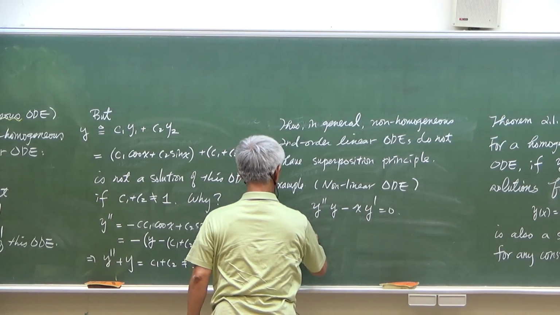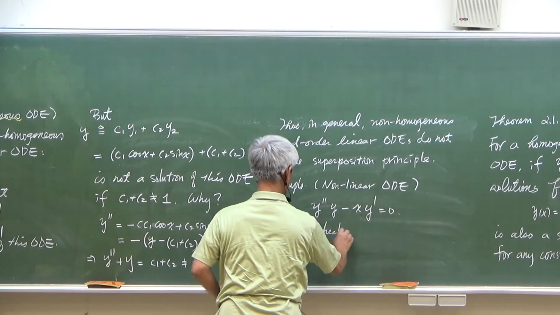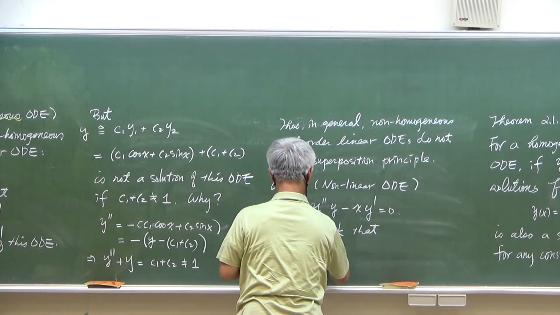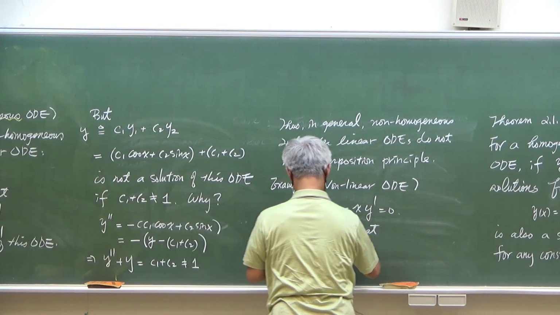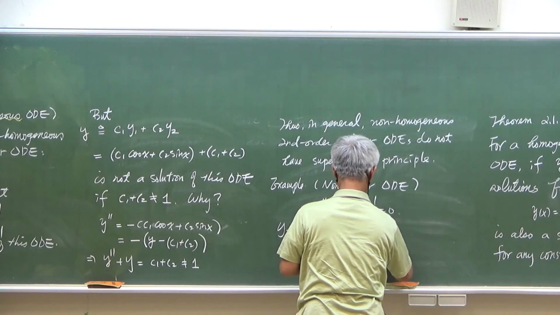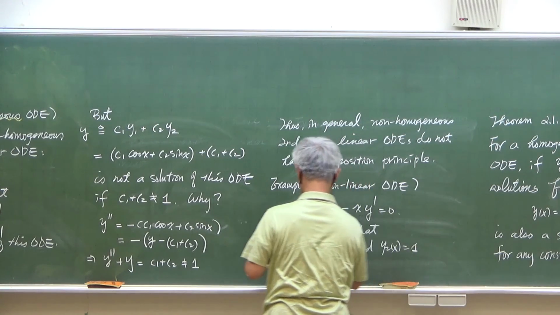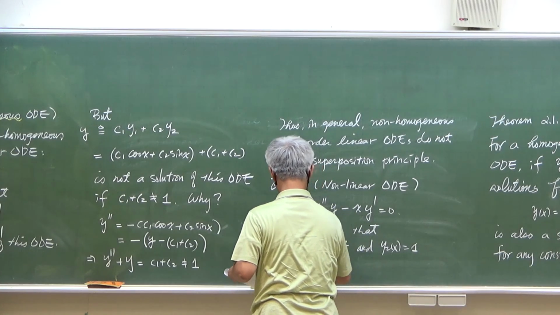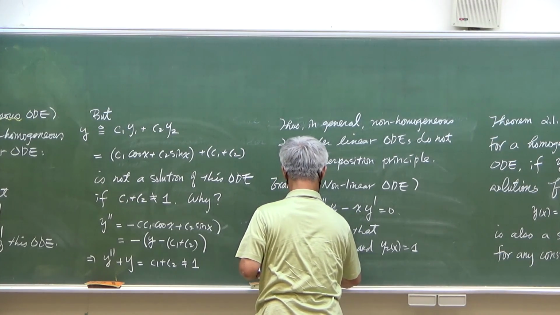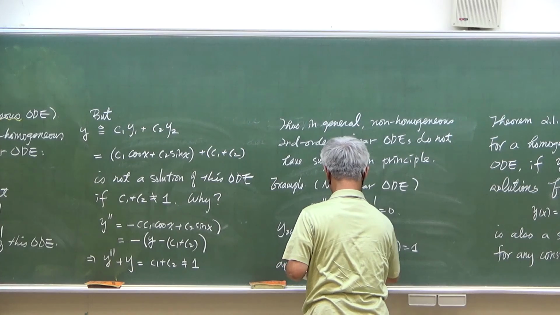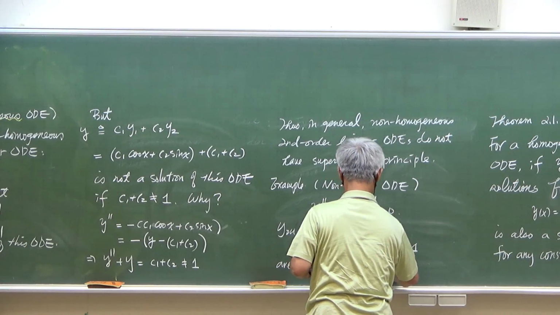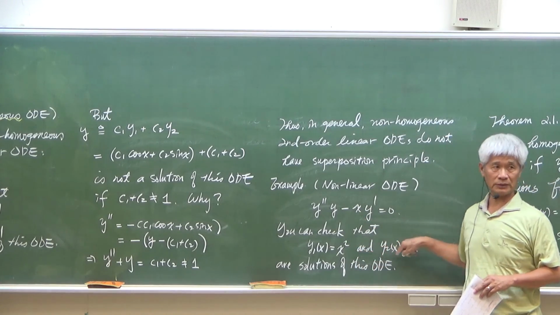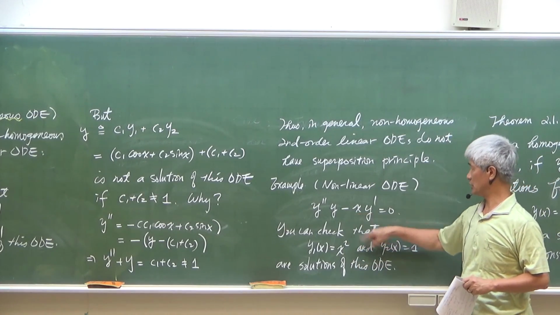Okay, so you can check that y1(x) equal to x squared and y2(x) equal to 1 are two solutions. Just check it because this is polynomial, right? So you can check that.